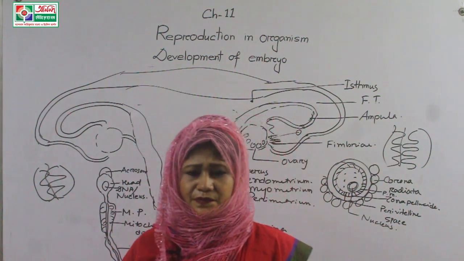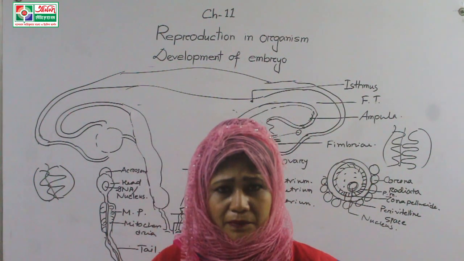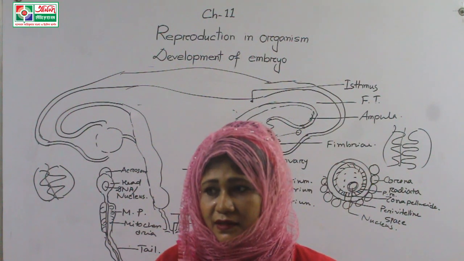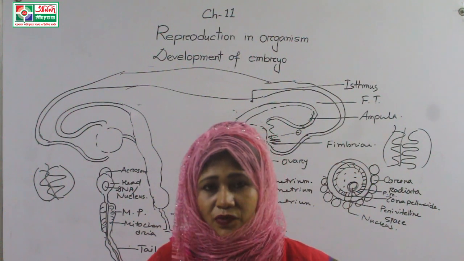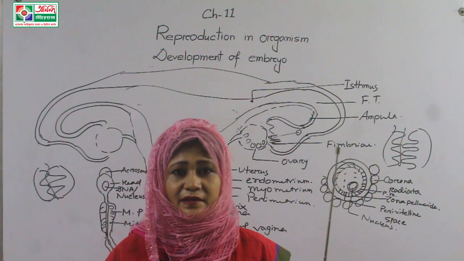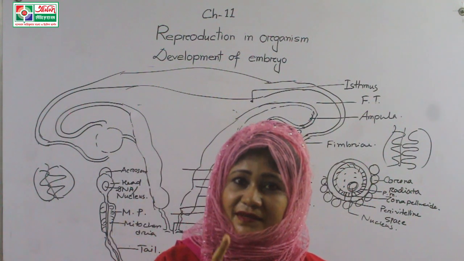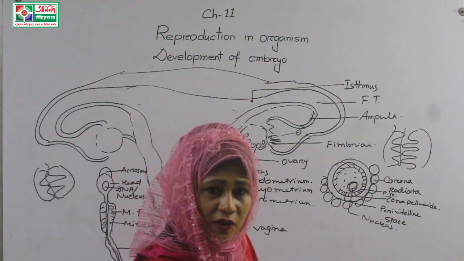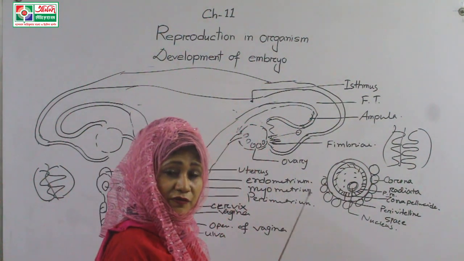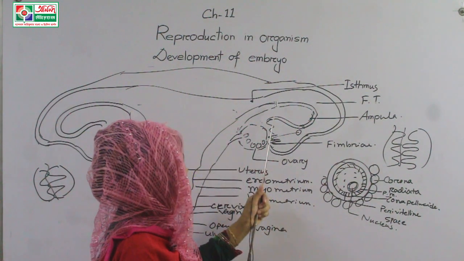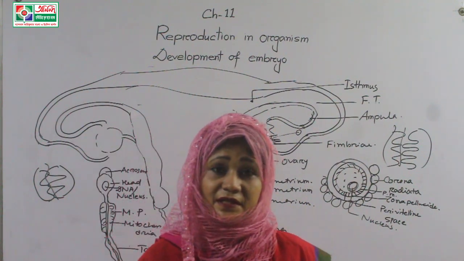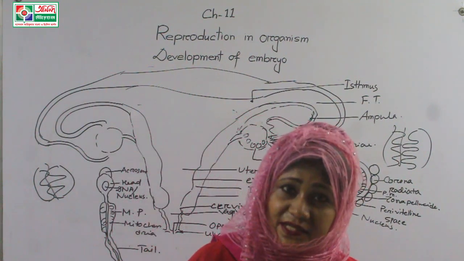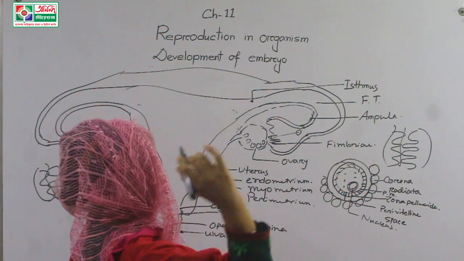How? All the sperms will not enter. 100 sperms will run together, but only the faster and active one will reach the secondary oocyte at the junction of the ampulla and the isthmus, the ampullary isthmic junction.